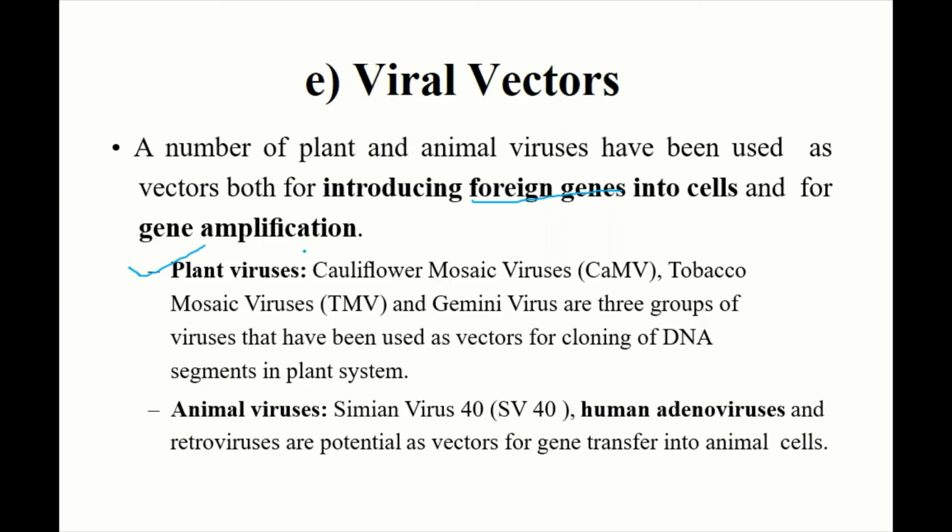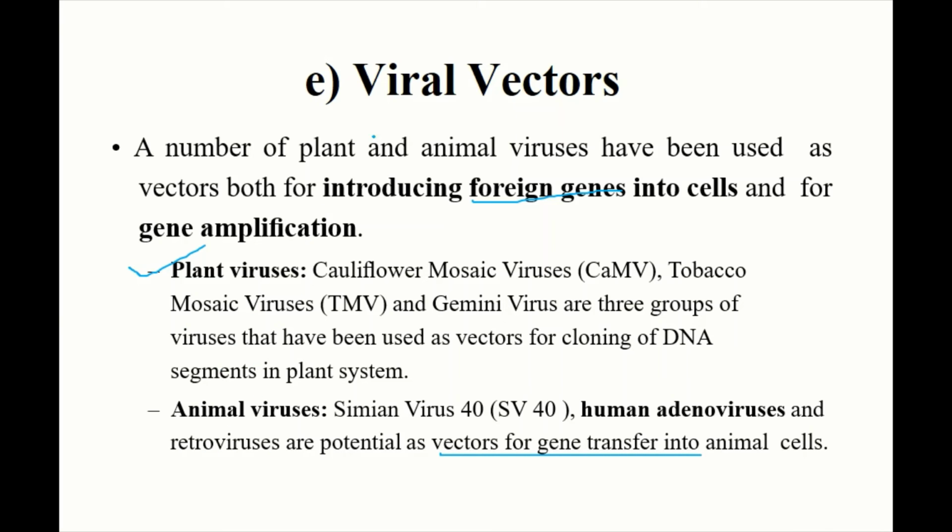Plant viruses that have often been used are the cauliflower mosaic viruses, tobacco mosaic viruses, and Gemini viruses. These are three groups of viruses that have been used a lot as vectors for cloning DNA into the plant. Then we have animal viruses such as human adenoviruses and retroviruses that are used to transfer genes into cells.